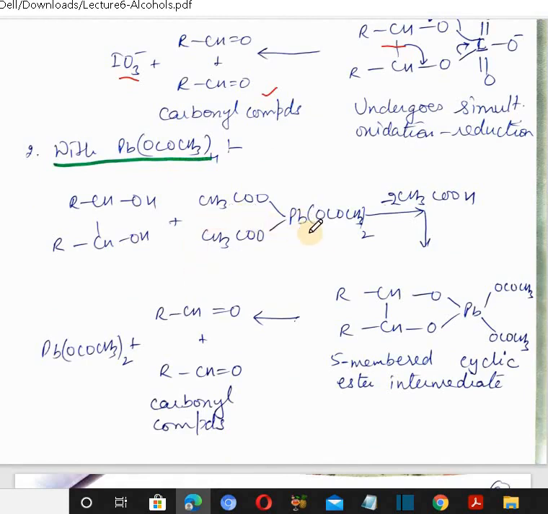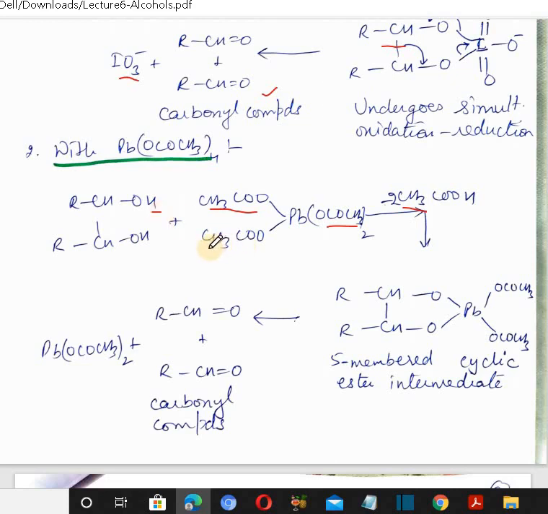Lead tetraacetate can be written as 2 acetates as this, and 2 acetates separately through a single bond, and when these combine, 2 molecules of acetic acid are removed, that is CH3COOH, acetic acid, is removed.